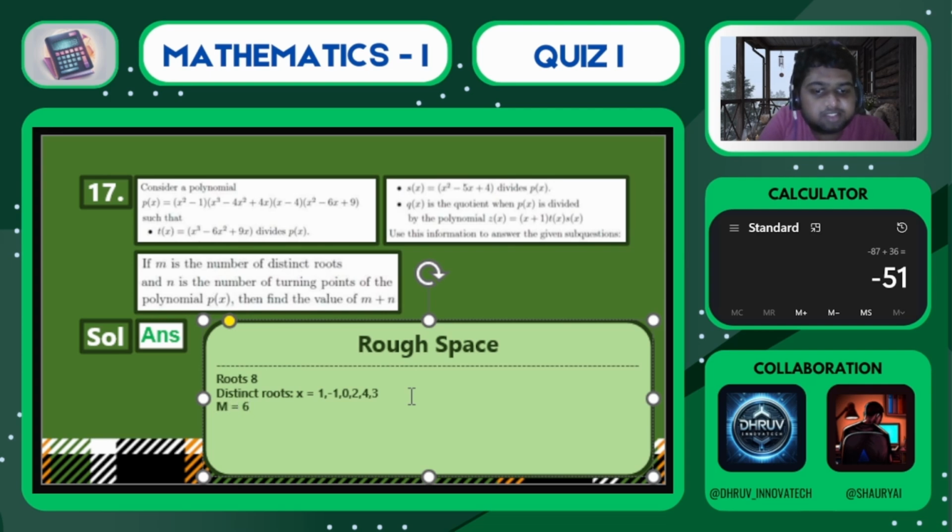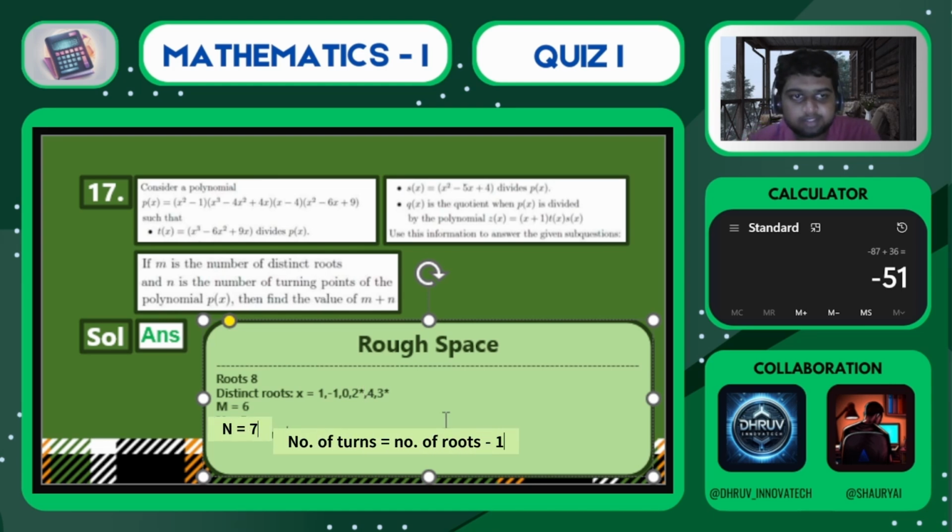The value of m is 6, and then when we look for the value of n, since there are 6 points of roots, you can either plot the graph to check the number of turns, or you can directly identify that for every multiplicity of 1, the graph changes its turn, whereas when an even multiplicity occurs, the graph doesn't change. So let's say for 3 and 2, the graph won't change its sign.